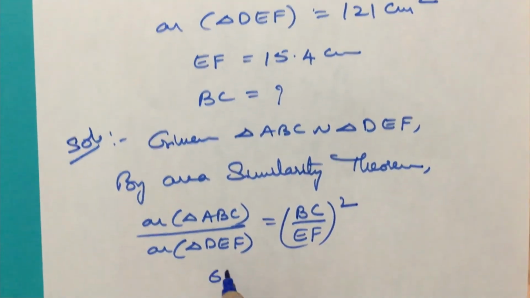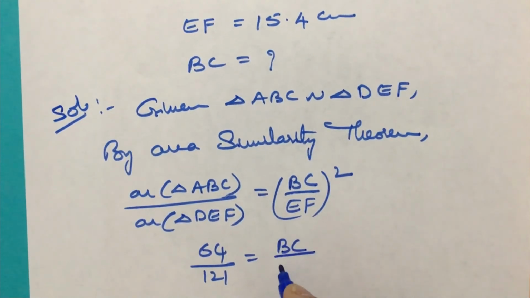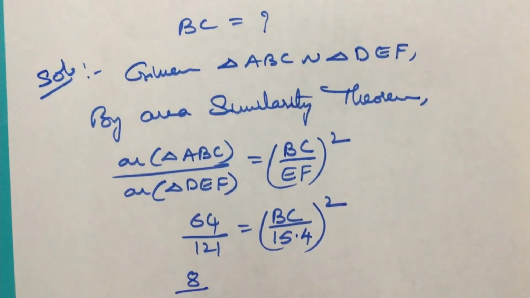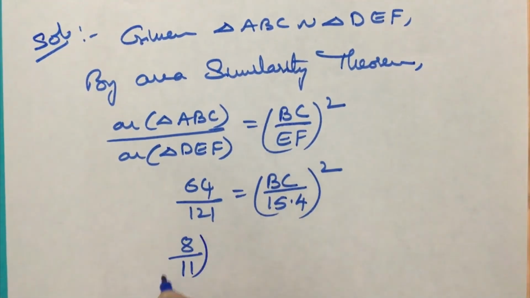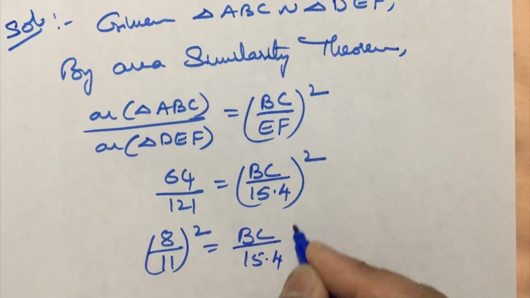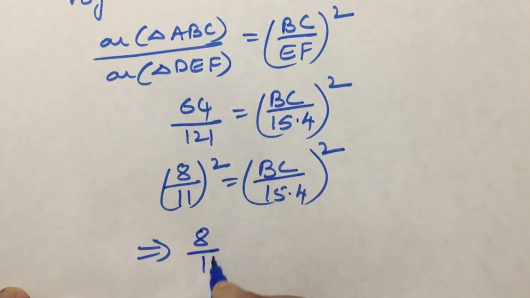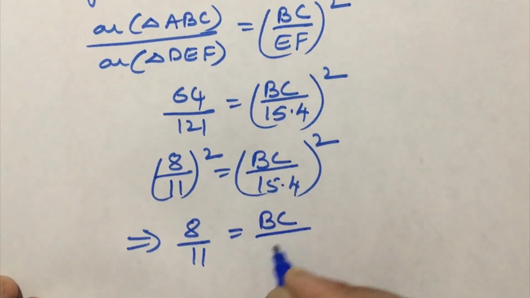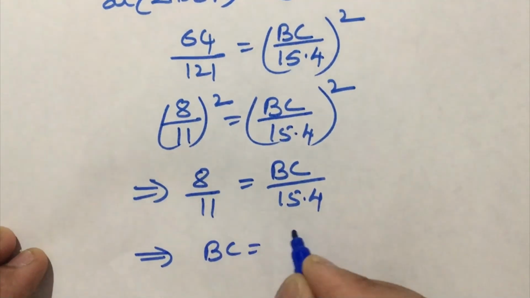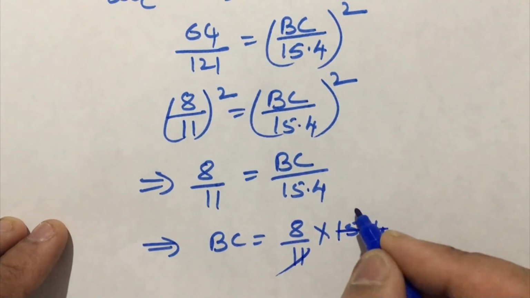So here it is 64 by 121 is equal to BC by 15.4 whole square. You can write this as 8 by 11 whole square is equal to BC by 15.4 whole square. This implies 8 by 11 is equal to BC by 15.4, so BC is equal to 8 by 11 into 15.4.